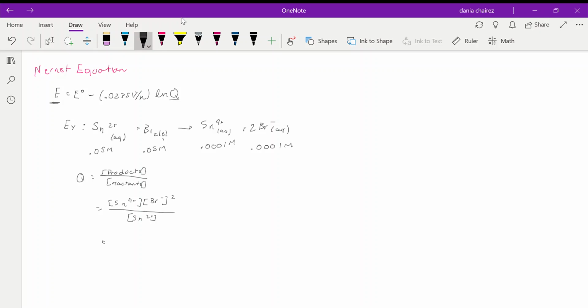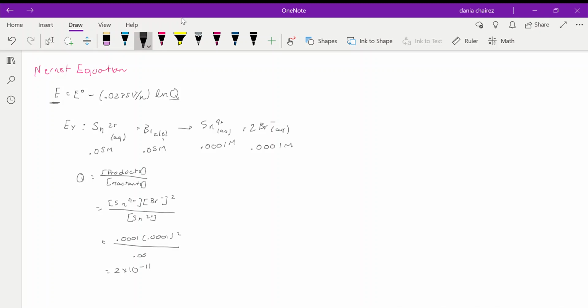So then we just plug into it so that we have 0.0001 times 0.001 squared all over 0.05, so that our Q should be 2 times 10 to the negative 11, or along those lines. Let me write this down prettier. 2 times 10 to the negative 11.